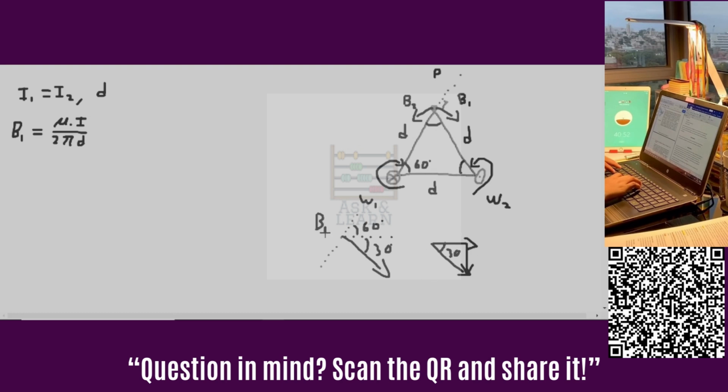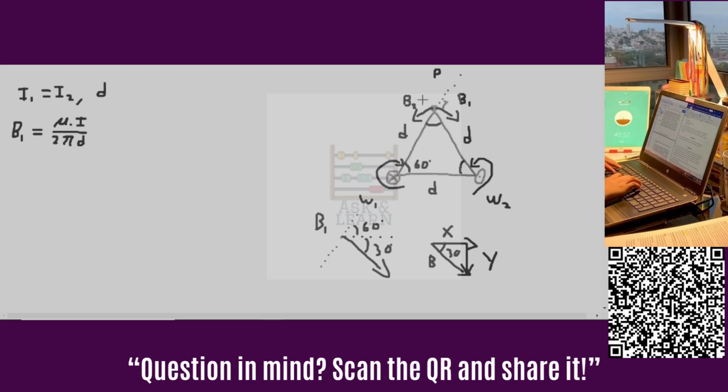This is B1, sorry, never labeled that. So that means this side is B1, and we have an X component and a Y component. But we know the other side is going to have a similar situation.